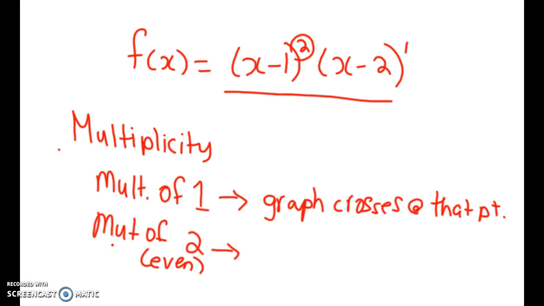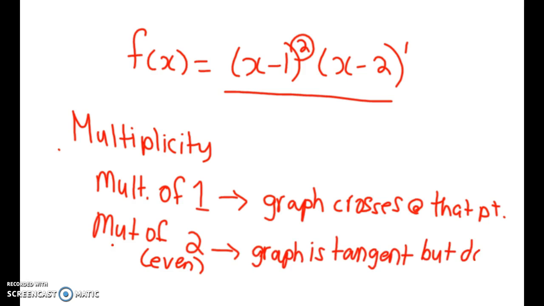If you have a multiplicity of 2, that means your graph is tangent but does not cross. I'll explain what that means. If this was a multiplicity of 1, you're just crossing at that point, if your x-intercept was 2.